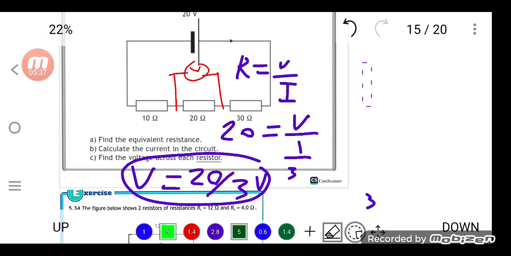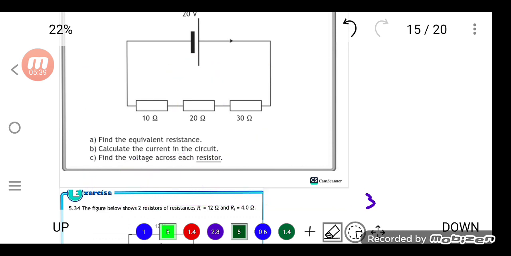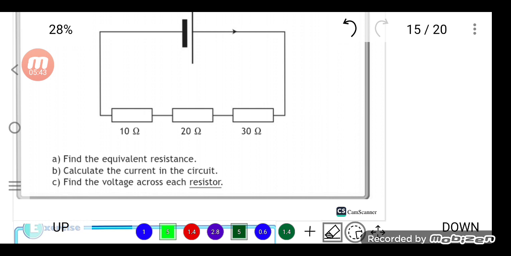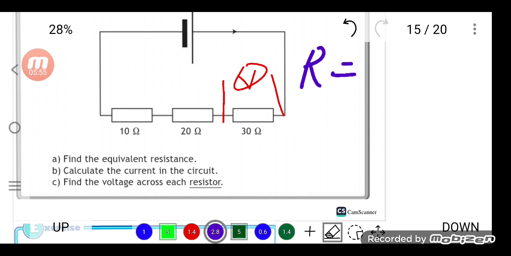Now to continue, we want to find now the voltage across the 30 ohm resistor. Assume that you have the voltmeter now here, and you want to find the voltage across the 30 ohm resistor. Use also Ohm's law, R equal V over I again.